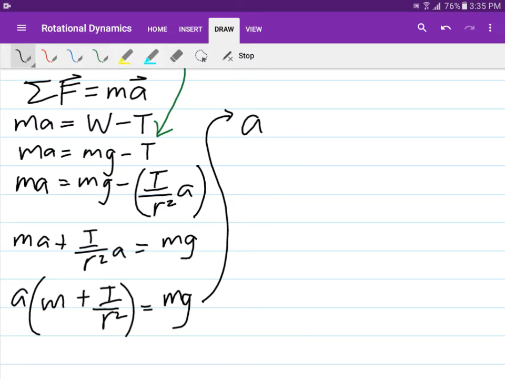Now we solve for our acceleration. This is a equals mg over (m plus I over r square).